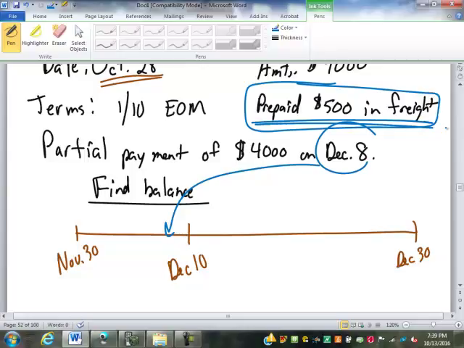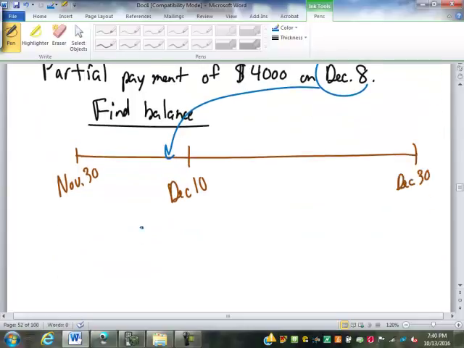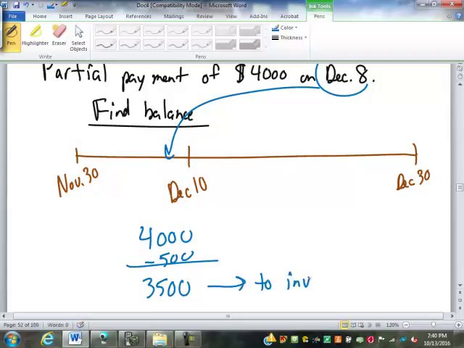If I'm the seller, that's money that I paid out that wasn't my responsibility. You owe that back to me. So I want that first. So I'm getting my freight reimbursed first. Out of that $4,000 that was paid, the first thing that happens is we take out that freight. So only $3,500 is going to go towards the invoice. The freight is now cleared up. That's gone. It's paid off.